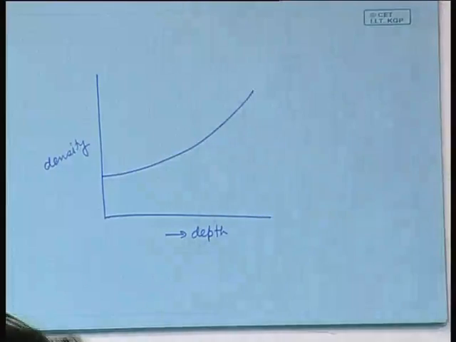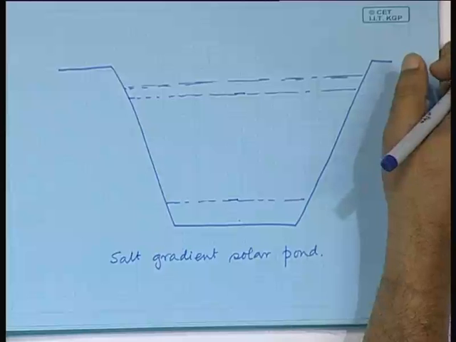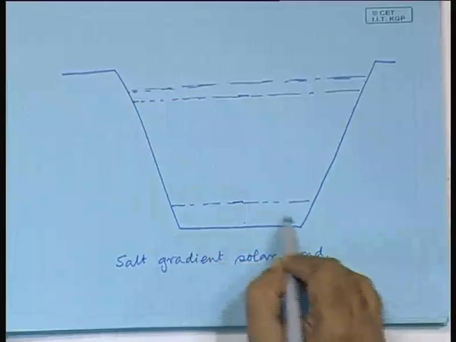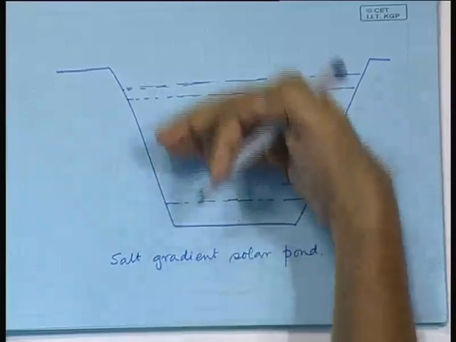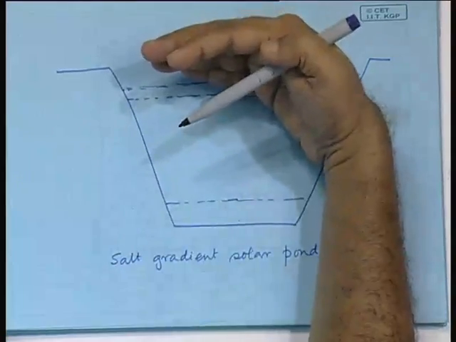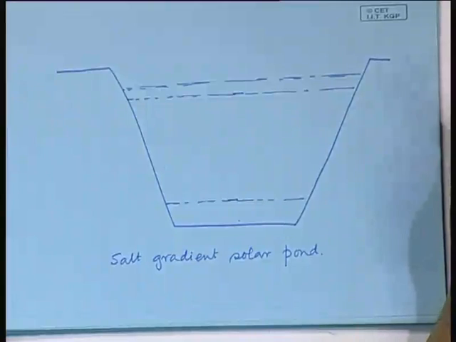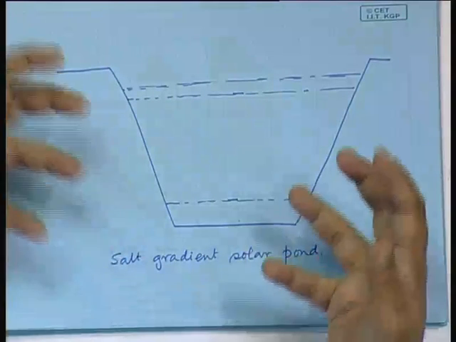Now, you might ask how to do that. Doing that is not really a difficult thing, because all you need is to have a lot of salt here, so that by the normal diffusion process it diffuses to the upper levels, and naturally it will have a density gradient. But this is often reinforced, because after all you will have to use this water. How do you use this water? After all the energy is there.